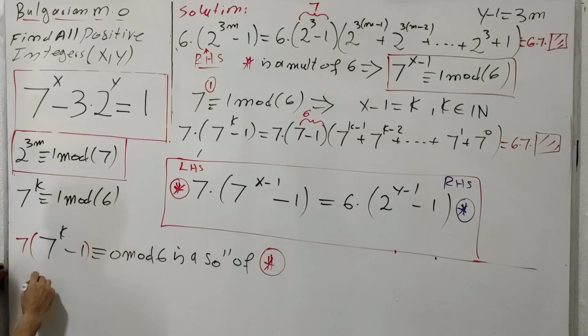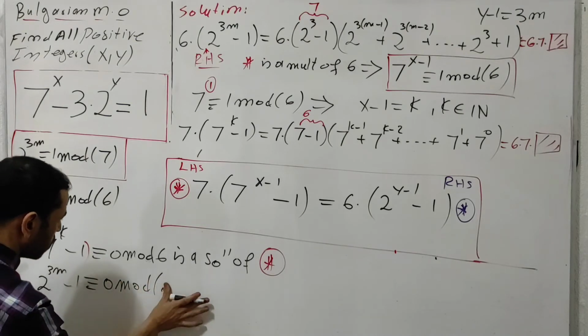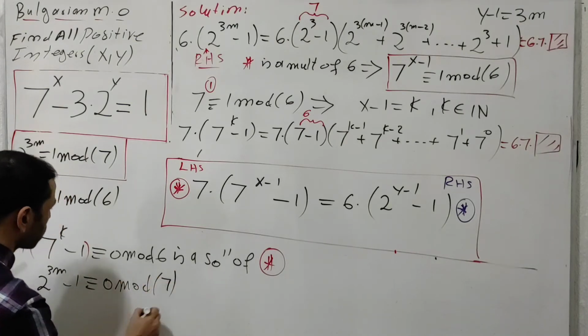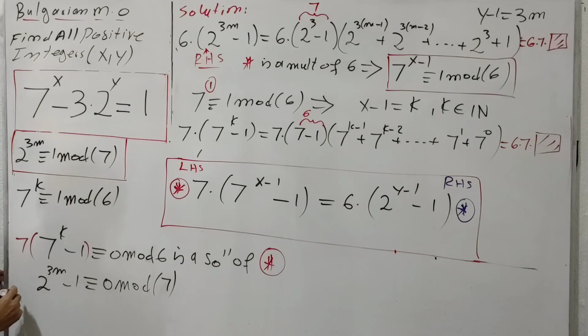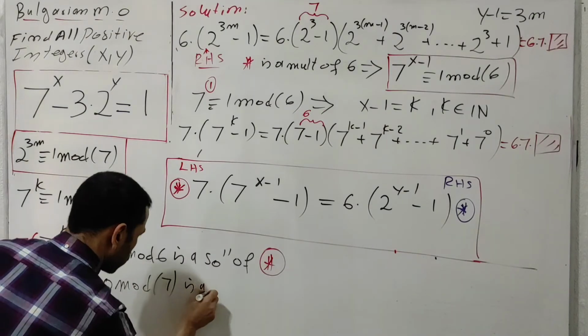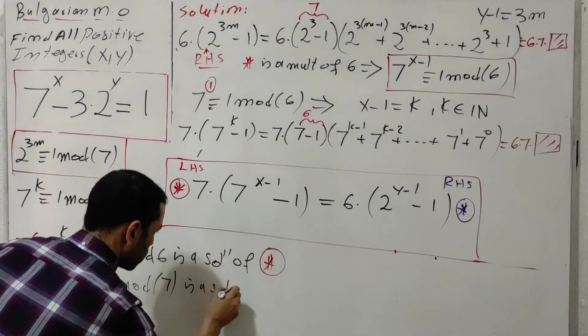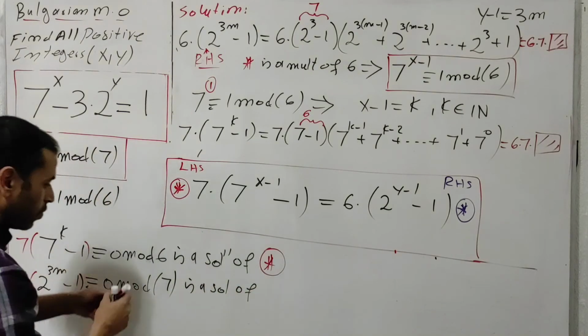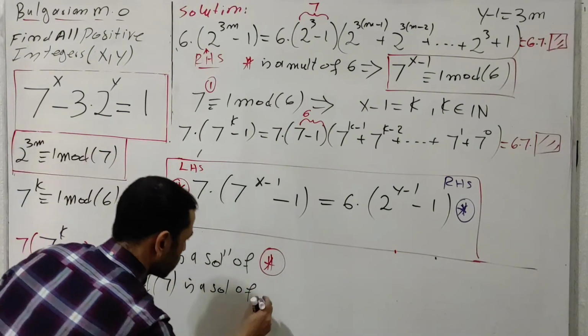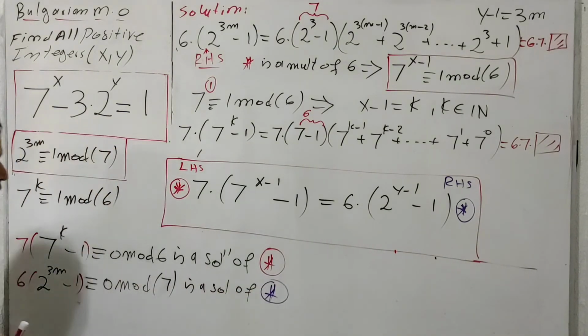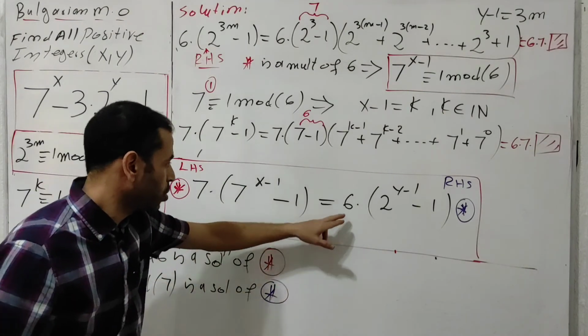I will have 2 to the 3m minus 1 congruent to 0 mod 7. I'm going to multiply both sides by 6, which is a solution of the right hand side of this equation. Let's put the purple star. Okay, we have the same equation.